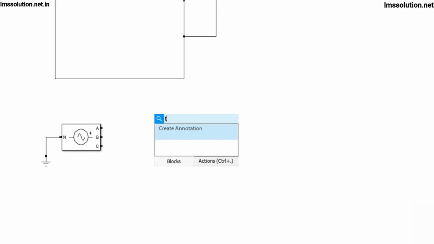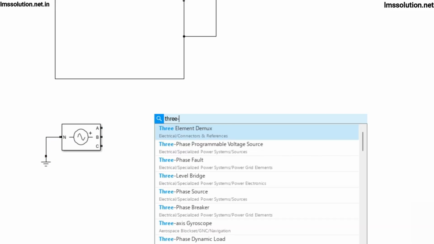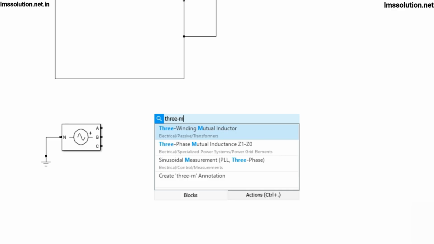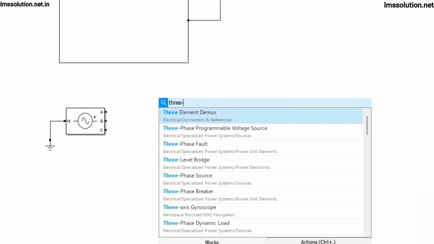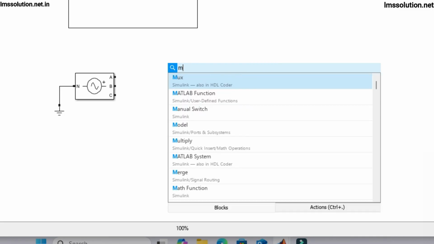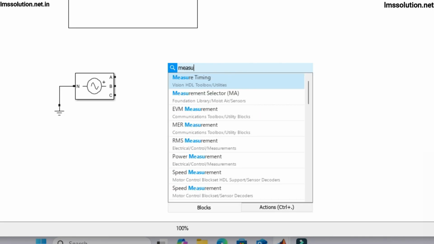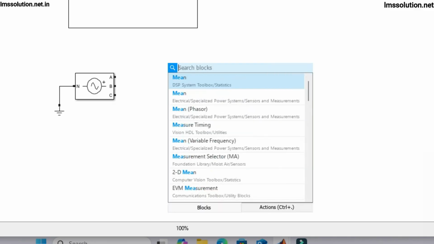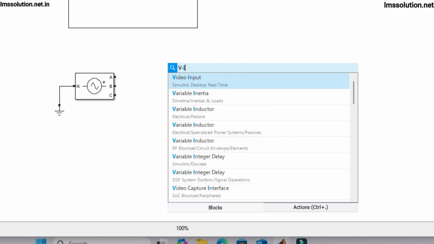And then we need a three-phase measurement. Just type measurement, or else type VI measurement.